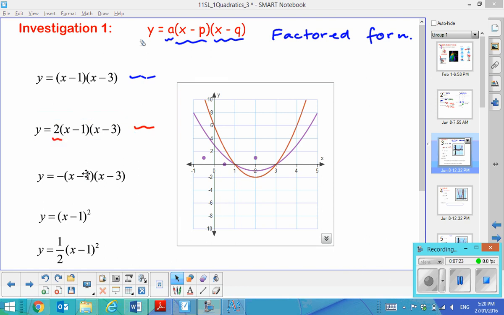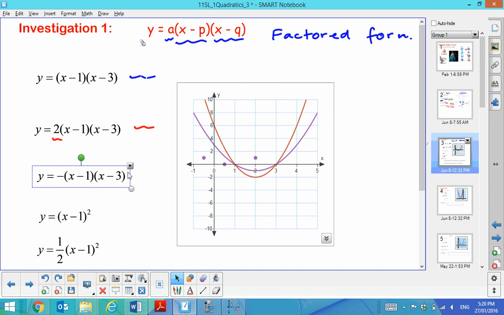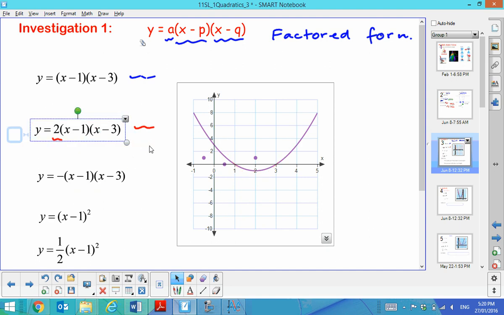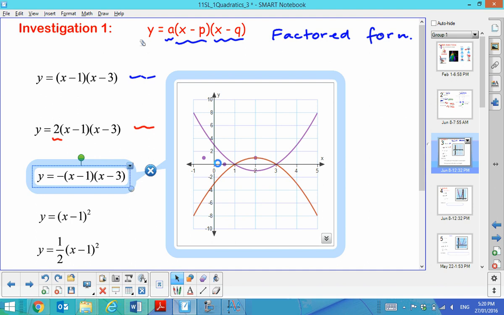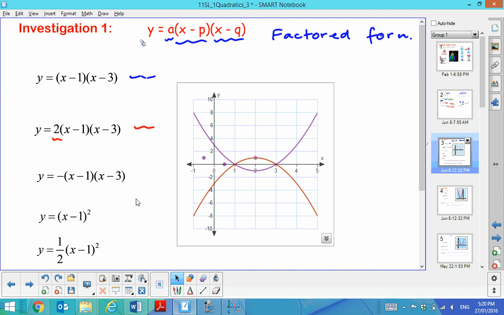Now when I put this graph on, we'll take the other one off first. This one I can now join on and we see, oh, that's interesting. We've got the same intercepts happening here, but now it's concave down. And the only difference that we notice is this minus out the front.